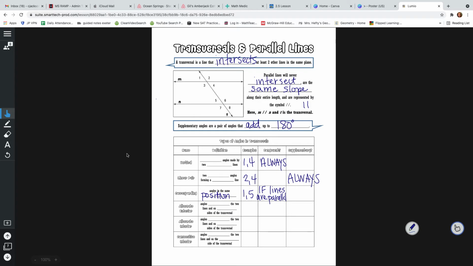Okay, alternate exterior. Angles outside the two lines and on opposite sides of the transversal. Are they inside or outside? Outside. They're on the outside of the two lines and on opposite sides of the transversal. Like 1 and 8.